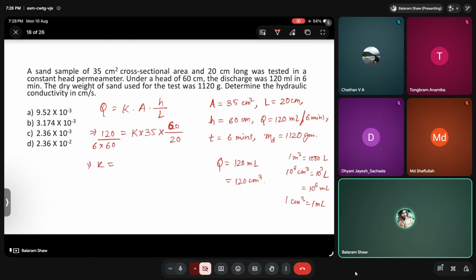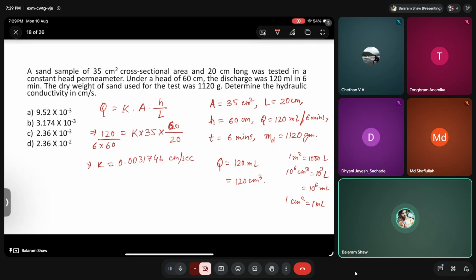Let me do the calculation. Yeah, so it is coming somewhere near 0.003176 centimeter per second, right?